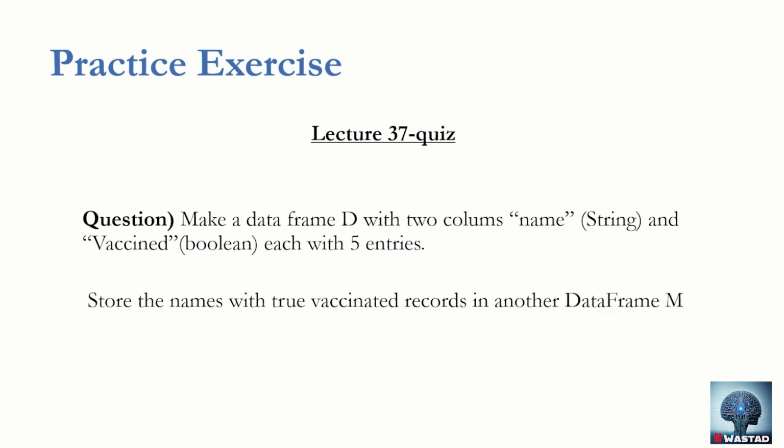So here's your task. Make a data frame with the name D. It should have two columns. One should be name, which should be string type, and the other should be vaccine, which should be a Boolean. Make 5 entries in this data frame.